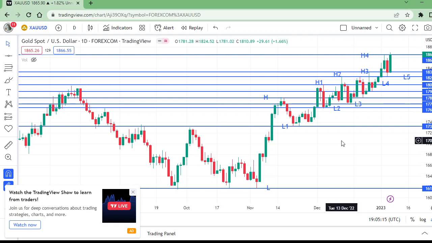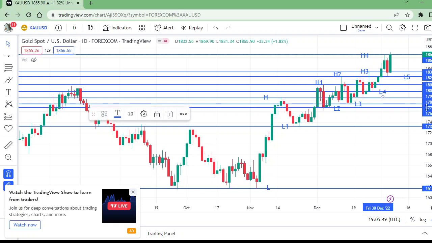Now one thing that I want to mention in this price action is that after 1773 this was the low, and after this low, where is the low? 1797. What have I done? L4 is here, 1795.